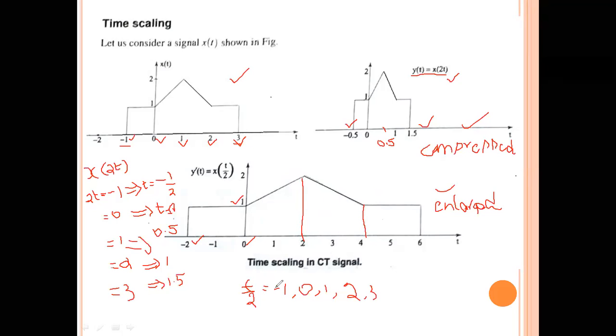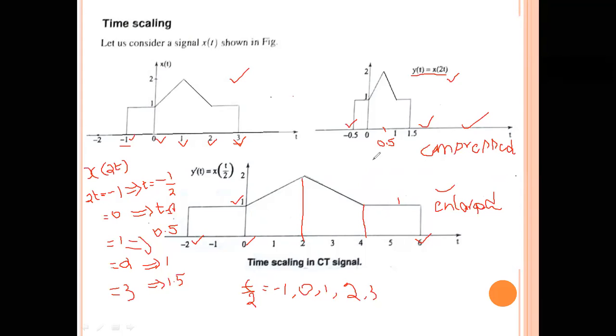And from 4 to 6, if you equate t by 2 is equal to 3, you will get 6. So from 4 to 6, you again get magnitude equal to 1. In this way, this particular x of t signal is enlarged. Do you understand? That is the compressed version and enlarged version of x of t in the case of the time scaling operation.